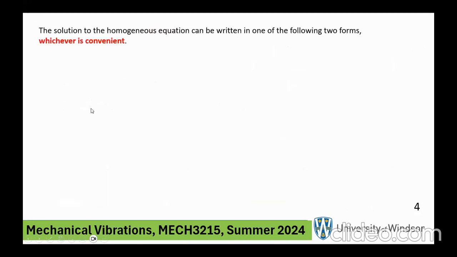Now, that can be done in two different ways, and you should be prepared to handle both, whichever is more convenient. You can write an unknown constant times sine of omega n t, plus another unknown constant times cosine of omega n t. And then the rest is the particular solution that you got here.